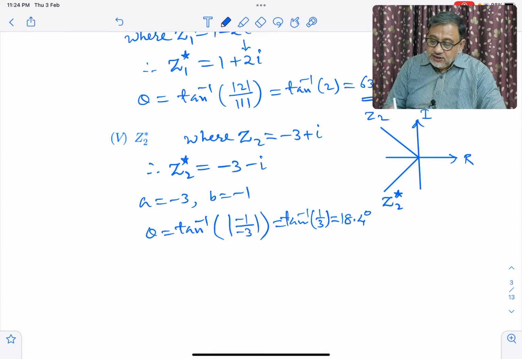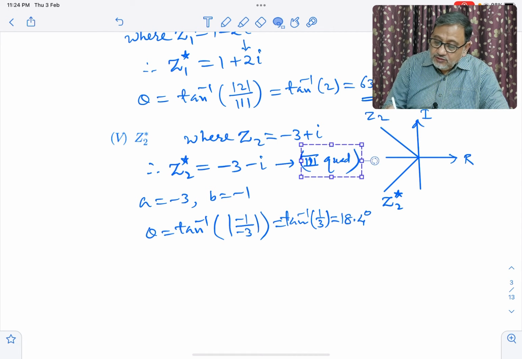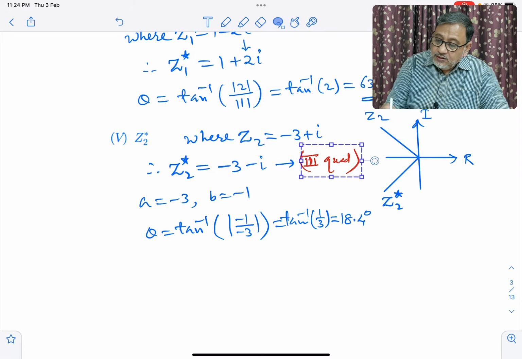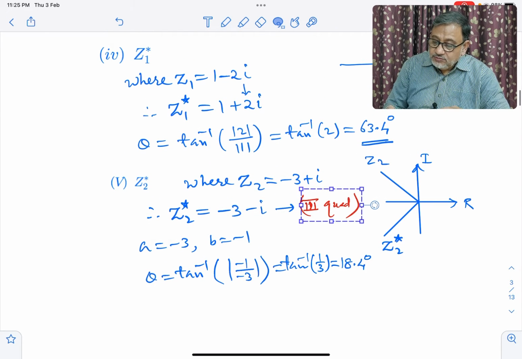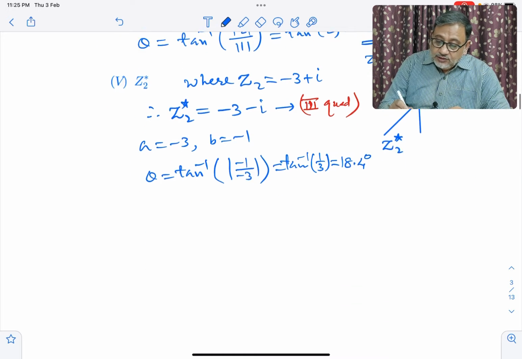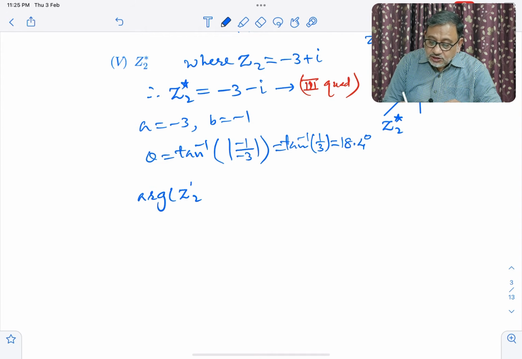Now because this is in the third quadrant, please remember it, third quadrant. Be careful. You have to remember in which quadrant this is. Now I will write argument of Z2 conjugate.